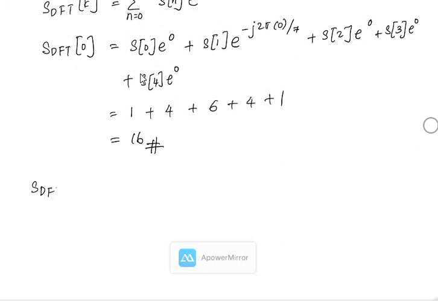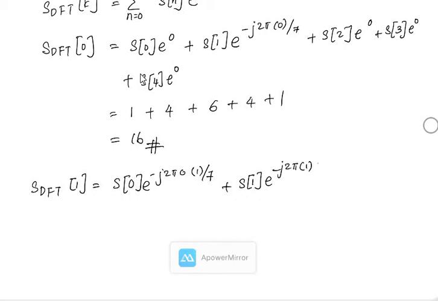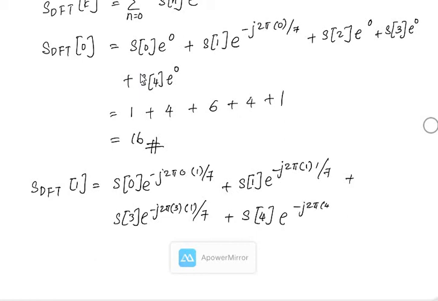For the XDFT 1, again I will have x0 times exponent minus j2 pi, n is 0, k is 1, divided by 7, plus x1, when n equals 1, exponent minus j2 pi, and k is still 1, divided by 7, then plus x3, exponent minus j2 pi, n equal to 3, k is still 1, and then plus x4, exponent minus j2 pi, n is 4, k is still 1, divided by 7.